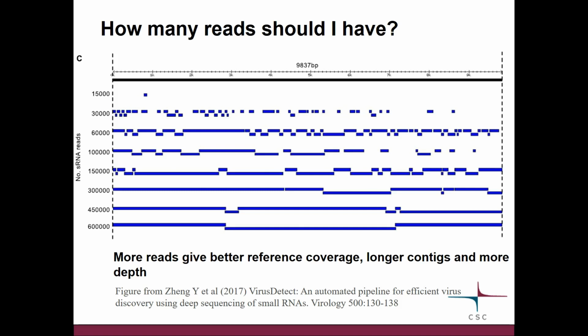And as you can see, there is only one little contig made. With 30,000, you get more. And as you go higher, so this is 300,000, you already start to get quite long contigs, covering most of the reference virus. And the more reads you can afford to have, the longer contigs you get, and you get actually pretty much perfect coverage. So the whole length of the virus is covered.